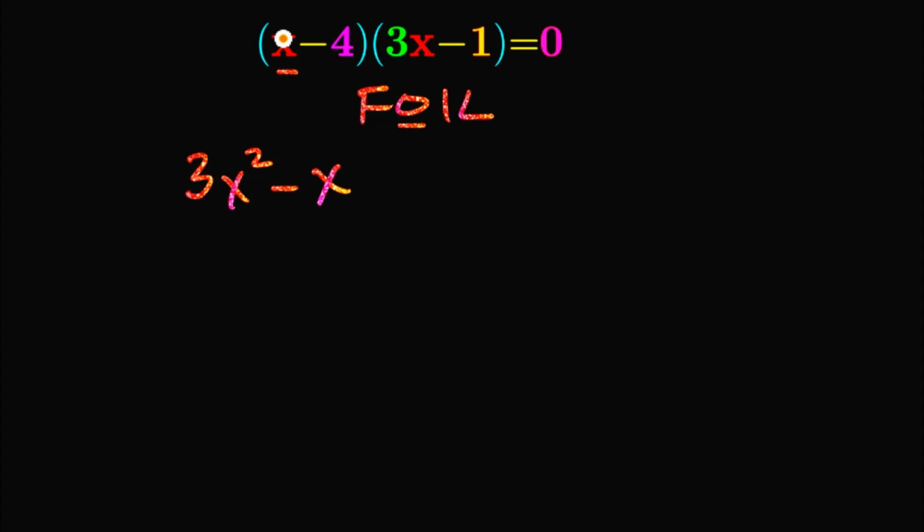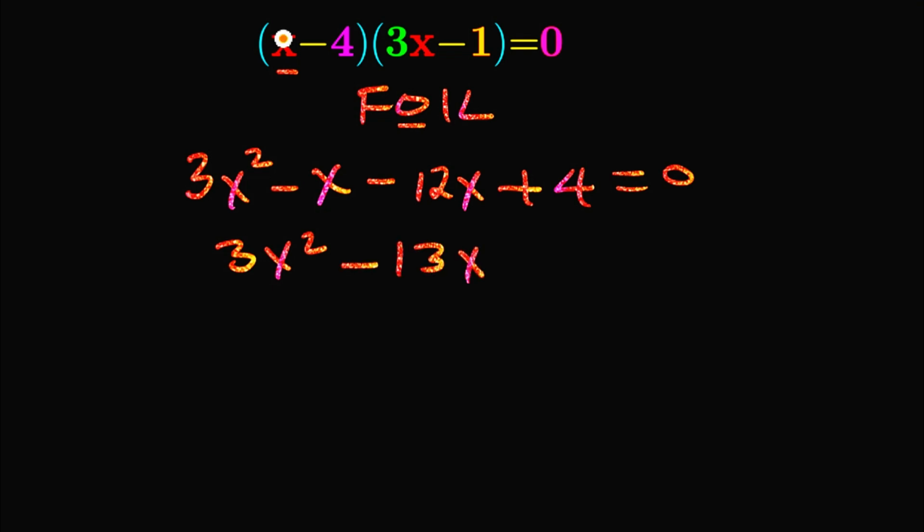The inner ones, negative 4 and 3x, give negative 12x. The last ones, negative 4 and negative 1, give positive 4. Collecting like terms, we have 3x squared minus 13x plus 4 is equal to 0, which is the standard form of a quadratic equation.